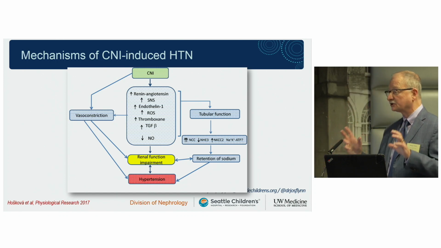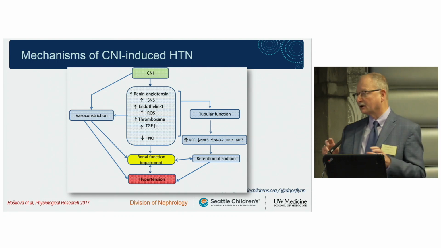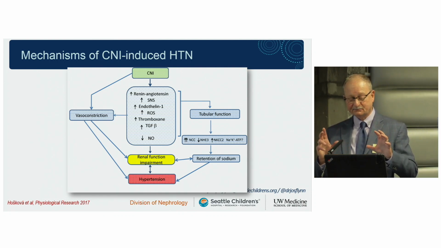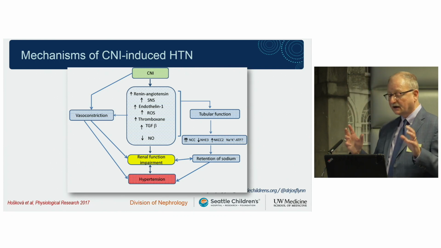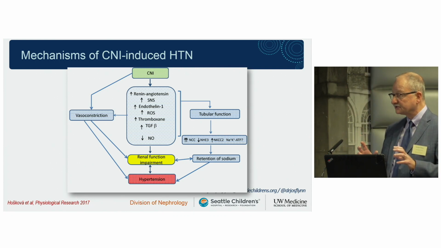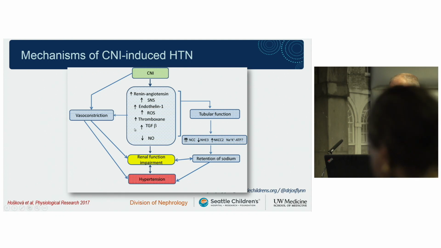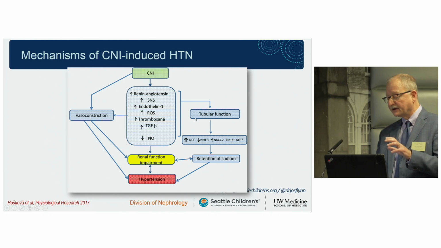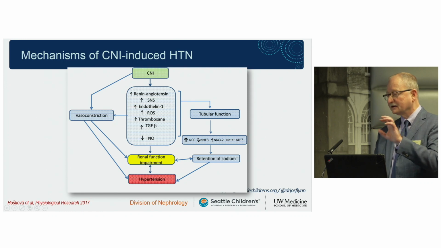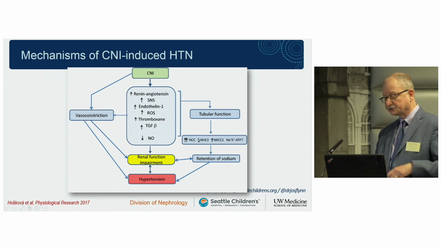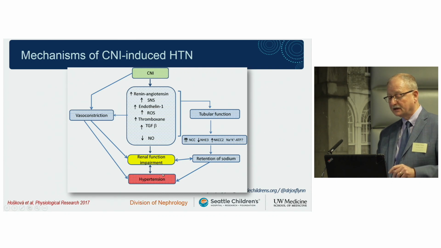And so this is a nice cartoon, actually from a paper about heart transplants, but it was a really nice description of how calcineurin inhibitors impact multiple pathways, including the renin-angiotensin system, sympathetic nervous system, endothelin, and nitric oxide, causing vasoconstriction, affecting tubular function, affecting all these different transporters in the distal tubule, leading to retention of sodium and hypertension.